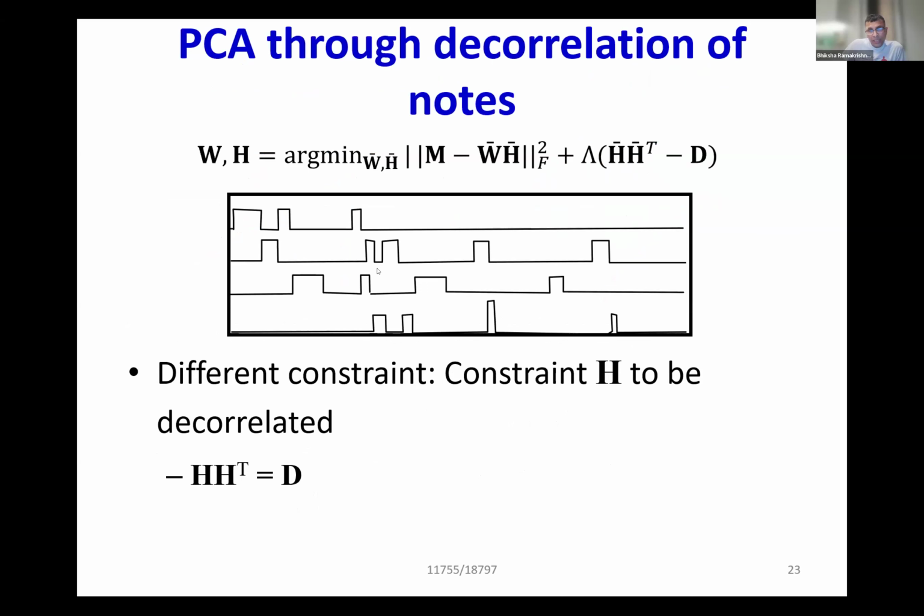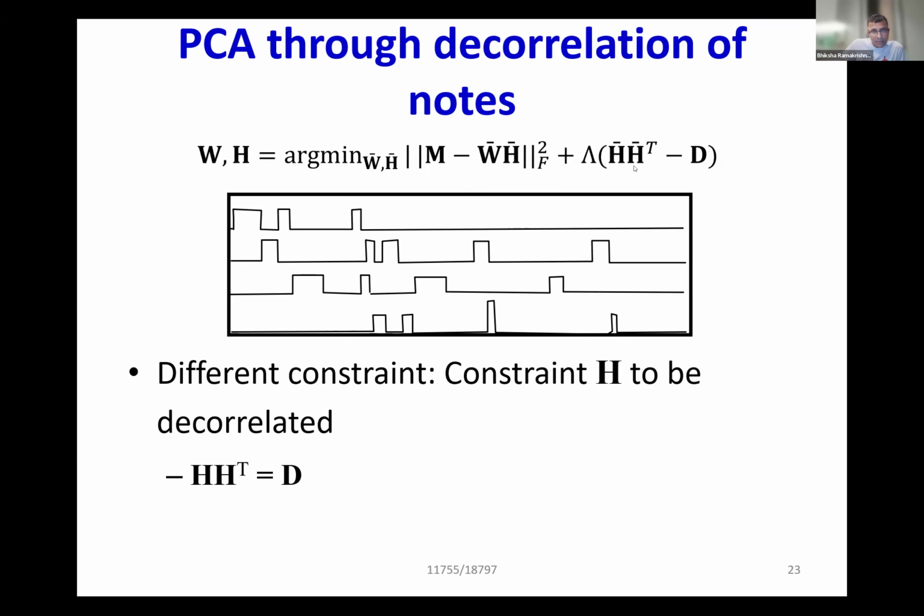So here's what we can do. Let me try to focus on decorrelating the notes rather than just saying that my notes are going to be the principal axes of my scatter. If I want to decorrelate the notes, what this means is that if you look at the score matrix, you want the correlation matrix of the score matrix to be diagonal, which means H times H transpose must be diagonal. We're not specifying what D is.